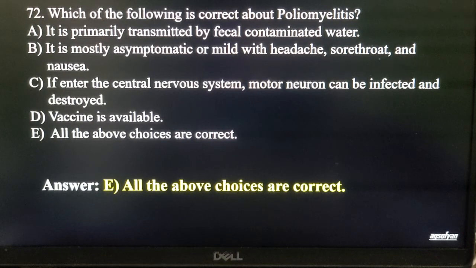So the muscle cannot move. But a vaccine is available. Just for information, poliomyelitis is one of the diseases expected to be eradicated using vaccination. The one that's already eradicated is smallpox.